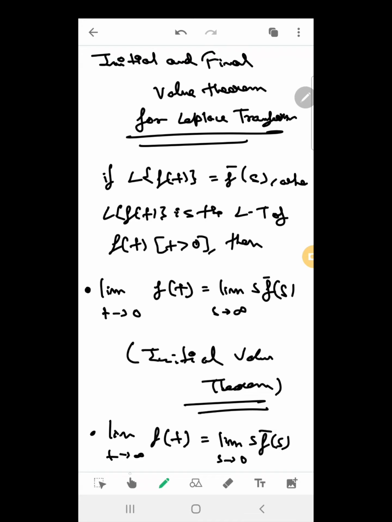Clear? The limits just changed. Here t is infinity, so here s is 0, the reverse of the previous case. Got it? This is called the final value theorem.